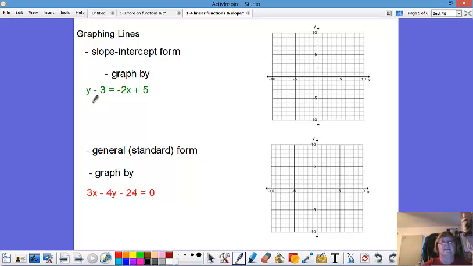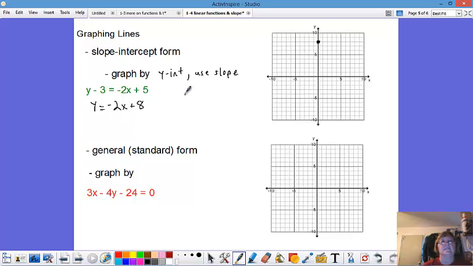So I'm going to add 3 to both sides, and I add 3 to 5, I get 8. And the best way to graph this is by plotting the y-intercept, which we know now is 8, right there, and using the slope. And the slope in this case is -2.